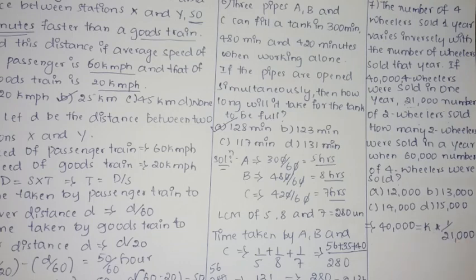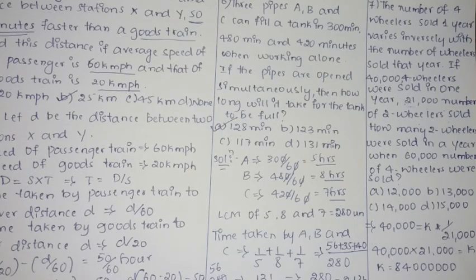So then it will be 40,000 into 1 divided by 21,000 equal to K. Then what you are supposed to do is K is equal to, multiply 21 into 4. So 4 1s are 4, 4 2s are 8, it will be 84. Then the remaining zeros, 2 3 4 5 6 7, so add 7 zeros.